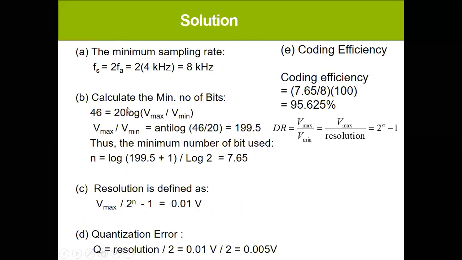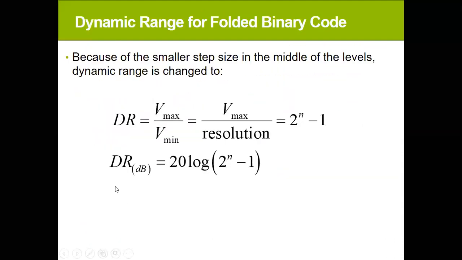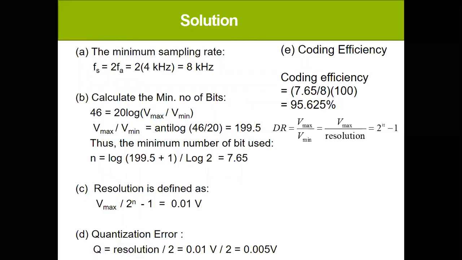Minimum number of bits. So we have been given the dynamic range 46. 46 is 20 log Vmax by Vmin. So Vmax by Vmin, if we take the anti-log of 46 by 20, is 199.5. And this equals Vmax by Vmin, which equals 2 to the power n minus 1, because it's folded.